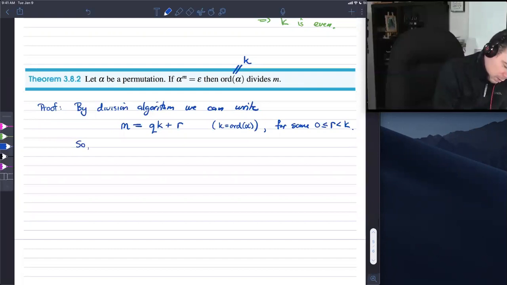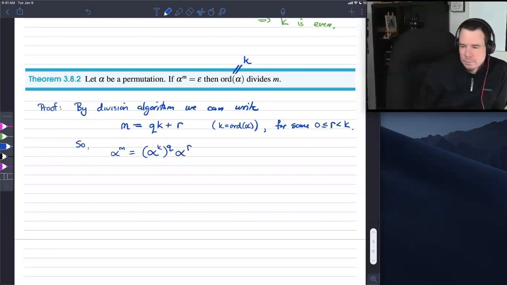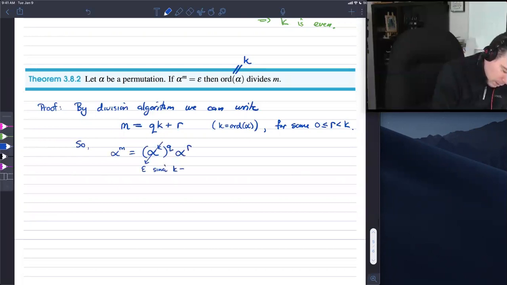That's how we used it in practice. This is how we're going to do it in general. So alpha to the m is equal to alpha to the k to the power of q times alpha to the r. So that was 106 is 7 times 15 times alpha to the 1. This is equal to the identity, since k is equal to the order of alpha.